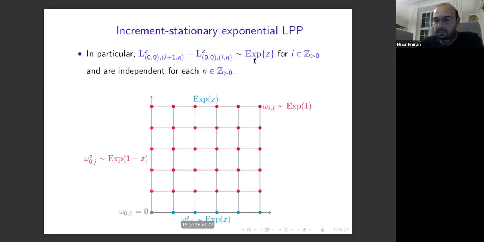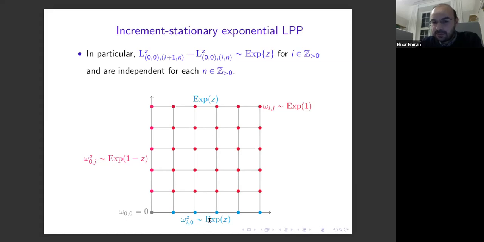So one consequence of this increment stationarity is that if you look at the increments of this LZ process along any horizontal level, then these increments will just have the same distribution as the horizontal boundary weights.